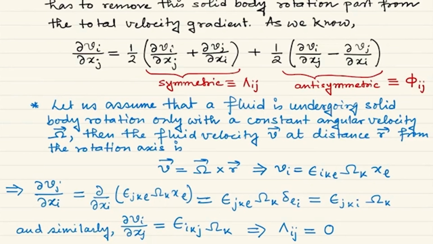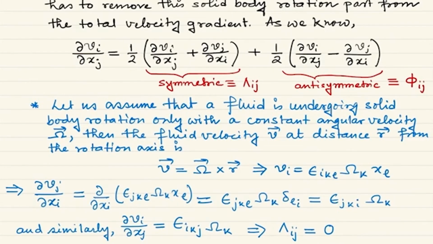And if I group them, we will see that every term of this one will cancel term by term against every term of that one, because epsilon jki is minus epsilon ikj. Okay, that is simply because of the antisymmetric nature of the Levi-Civita symbol. Okay, and this finally leads to the vanishing of the capital lambda ij tensor.